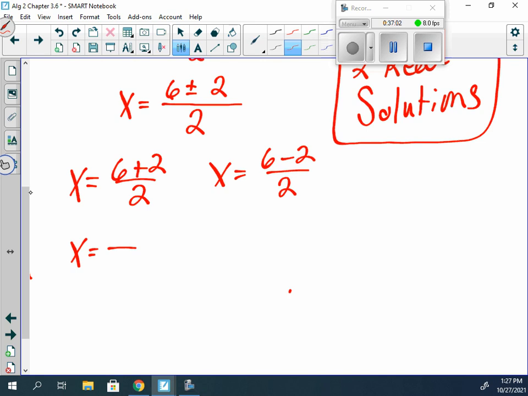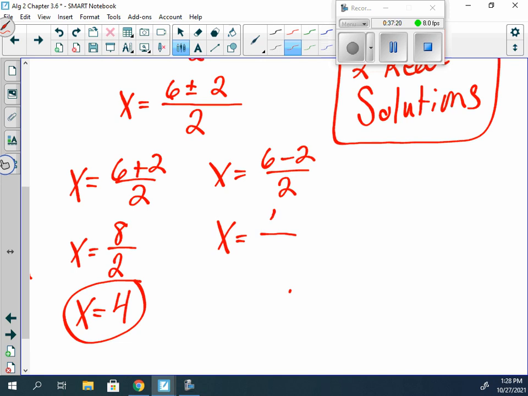Yep. 6 plus 2 is 8. And 8 divided by 2 is 4. 6 minus 2 is 4, and 4 divided by 2 is 2.